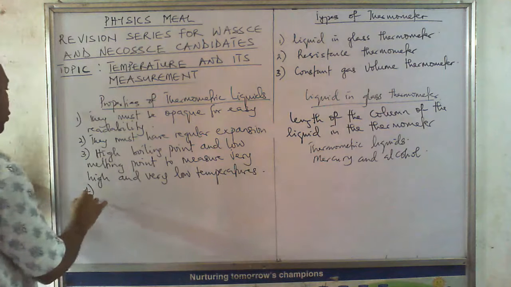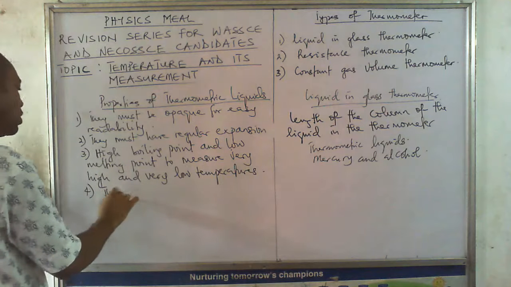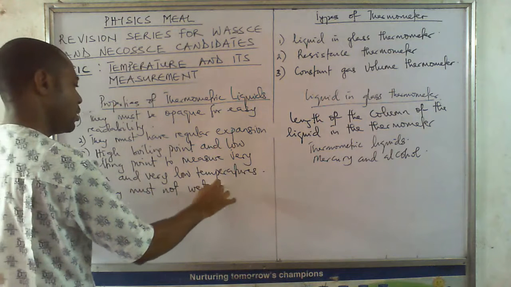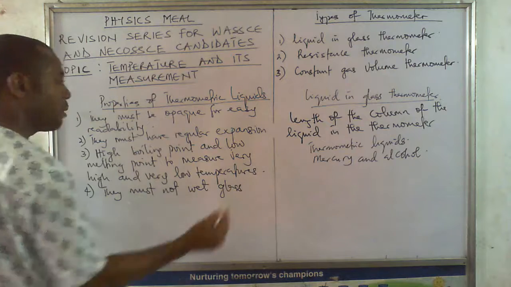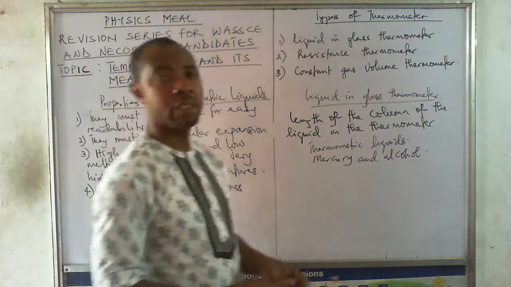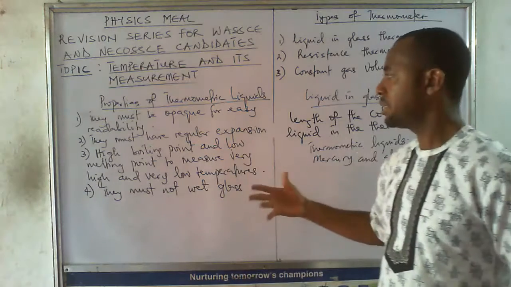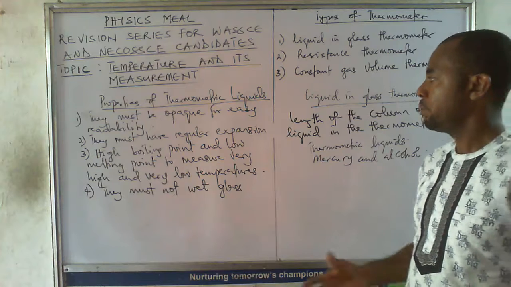That's 1. 4, they must not wet glass. They must not wet glass. Yes. So these are some of the properties that a thermometric liquid is supposed to have.